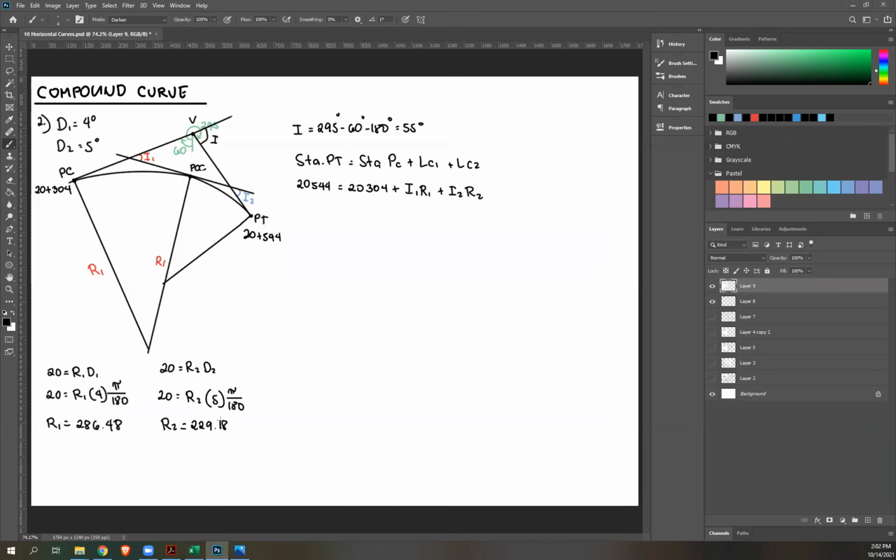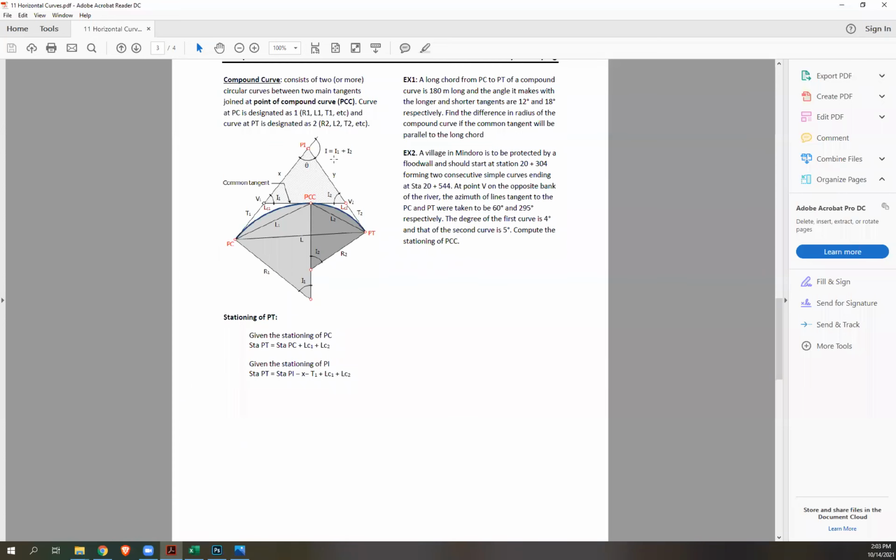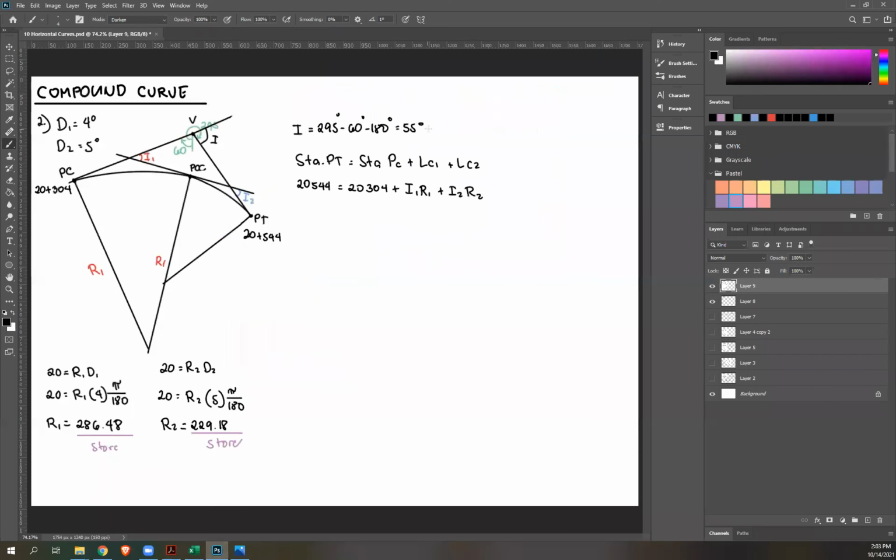Now this goes without saying, but please store these values in your calculator to make answers more accurate. Okay. So I1 or I, to look here at our notes, is also equal to I1 plus I2. So we can equate 55 to I1 plus I2.